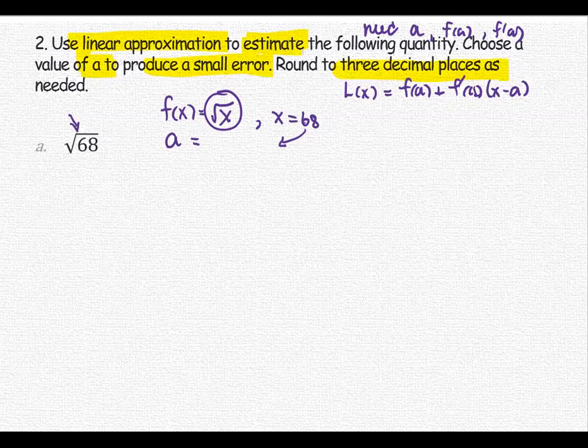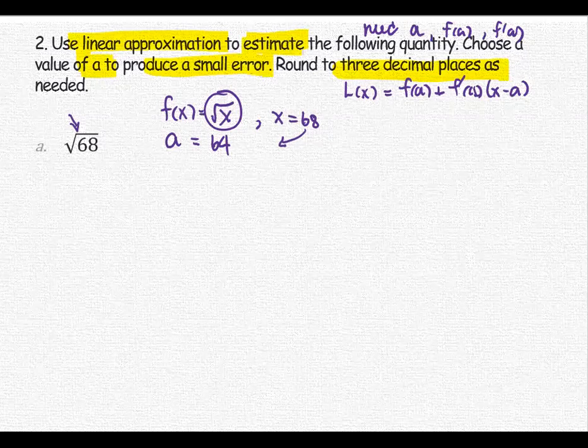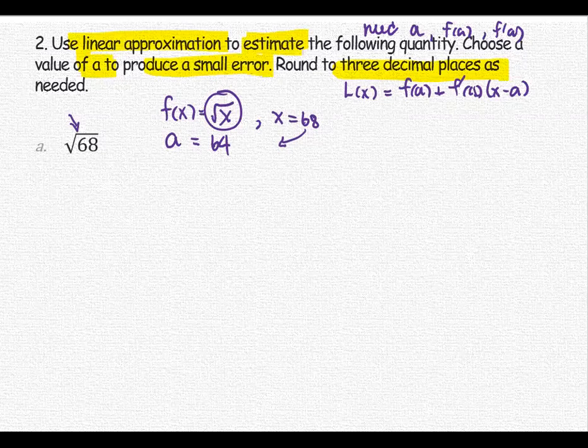Look for the square number that's close to 68. 64. Yes, 64. Thank you, Jonas. So A is 64. 64 and 68 are close numbers. So from the choice A equals 64, keep going with the pattern.